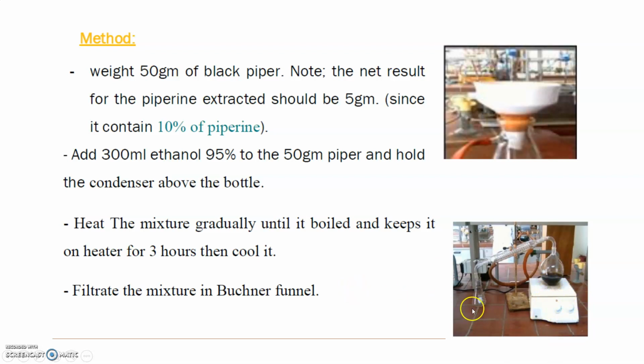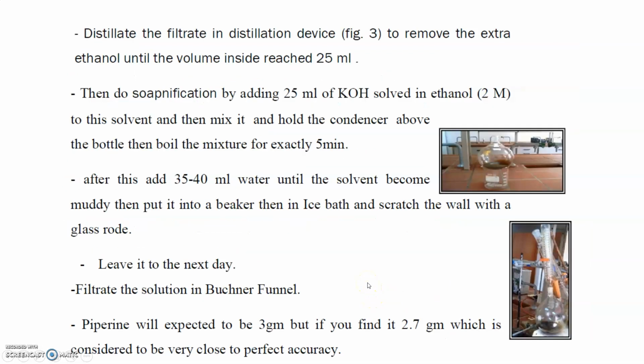Filter the mixture in a Buchner funnel. Now friends, distill the filtrate in a distillation device to remove the extra ethanol until the volume inside reaches 25 ml. Then do saponification by adding 25 ml of potassium hydroxide dissolved in ethanol to this solution, mix it and hold the condenser above the bottle.